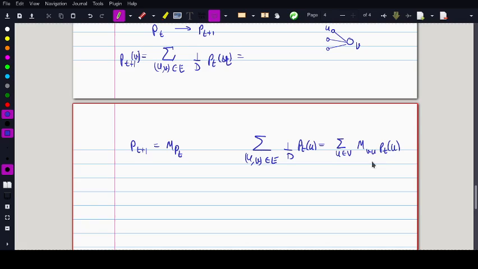And this you will find is the definition of matrix multiplication.